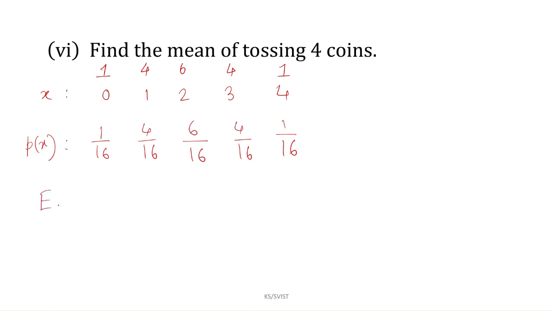Now the mean expectation of x is sum x p(x), where x equals 0 to 4.